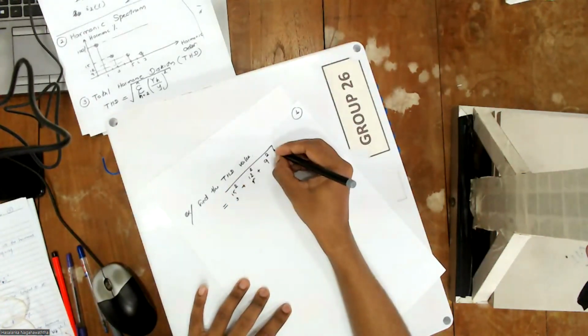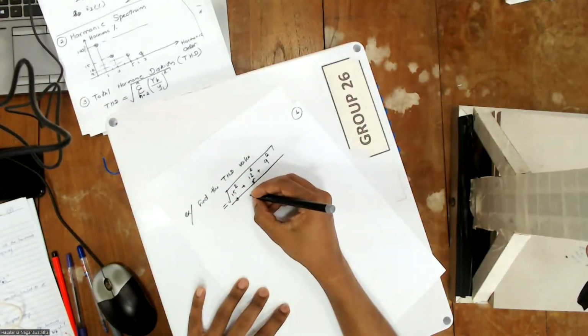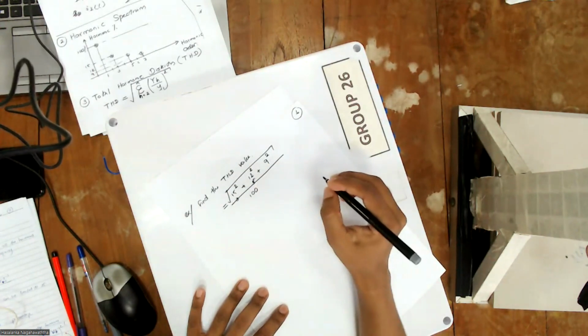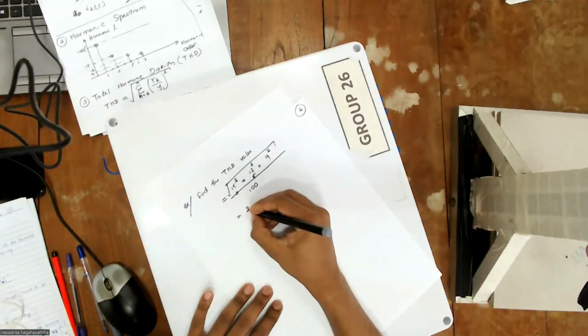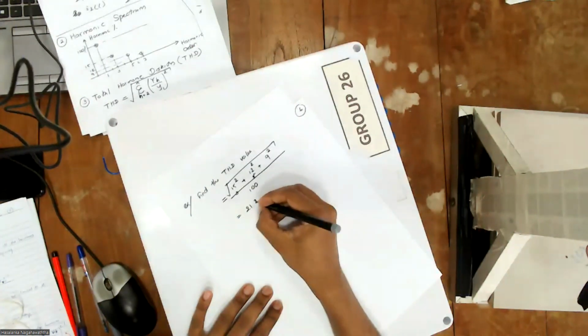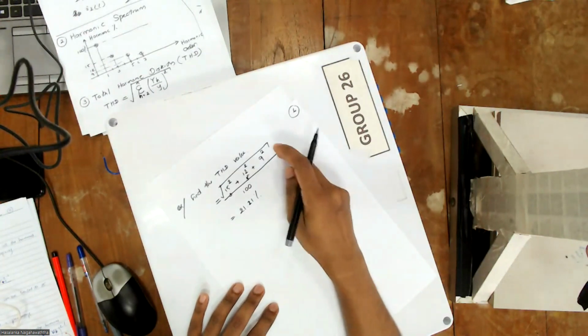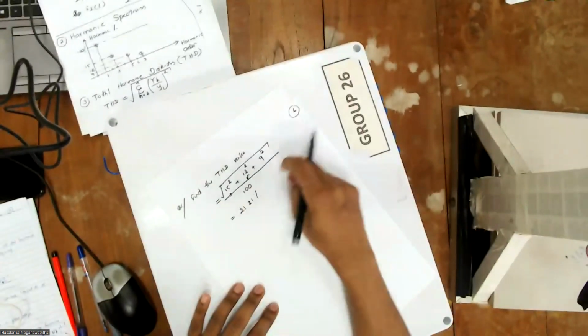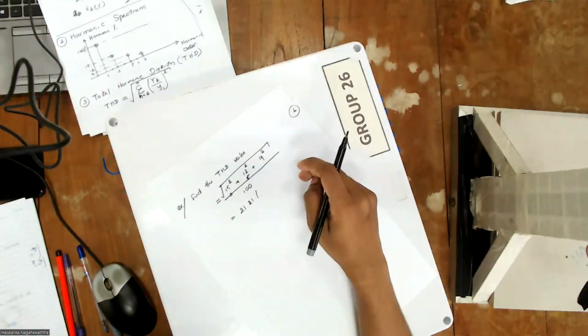Take the square root and divide by the fundamental 100, and you should be able to get the value as 21.21. You can find this kind of relation as well.